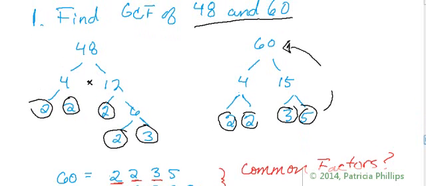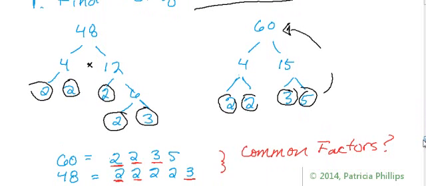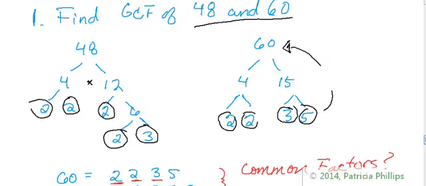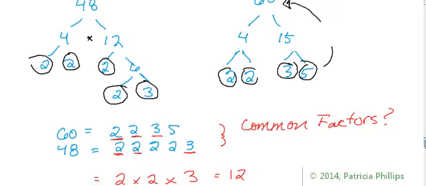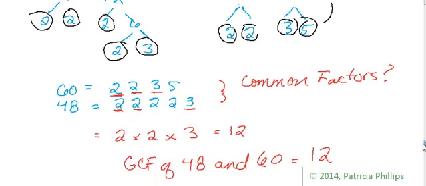Okay, so the question said find the greatest common factor of 48 and 60. Well, we found all the factors. We factored these both down to the smallest primes. So what we can do is simply list those prime numbers from left to right in ascending order.